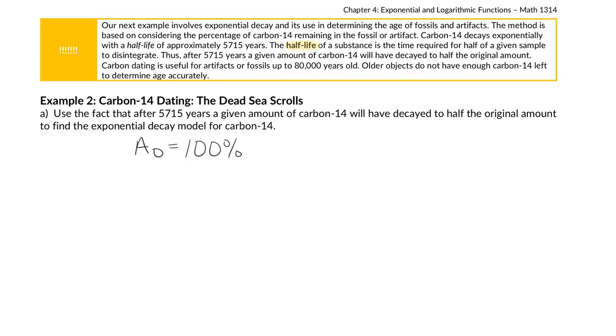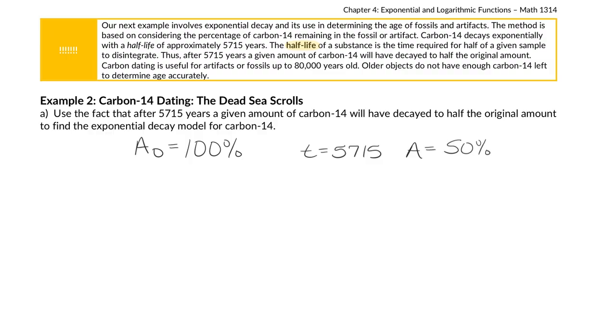However, we have a second input and output pair of values here. It says that after time 5,715 years, the amount of carbon-14 left in something is half, or 50%.